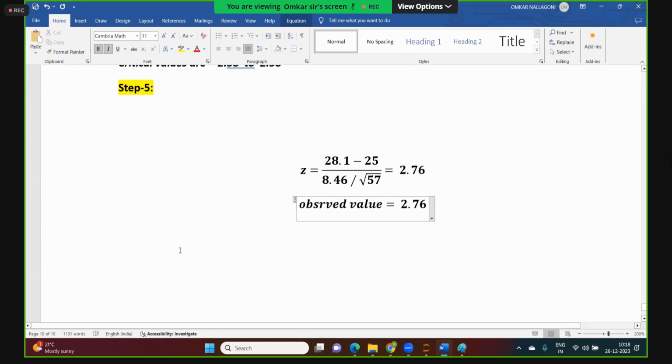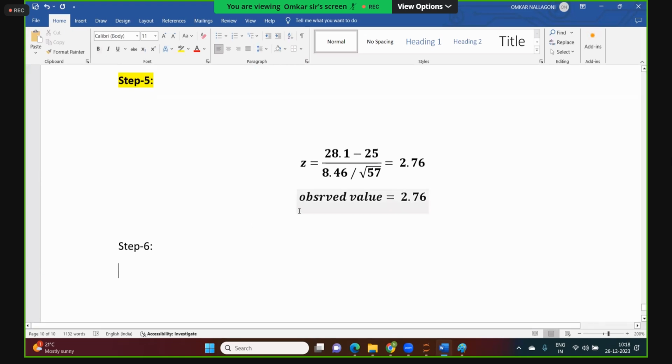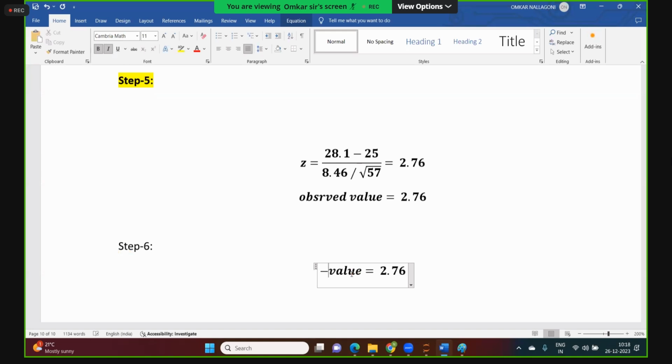Now step 5. So now what is the p-value? P-value for 2.76. How much? 2.76, sure?